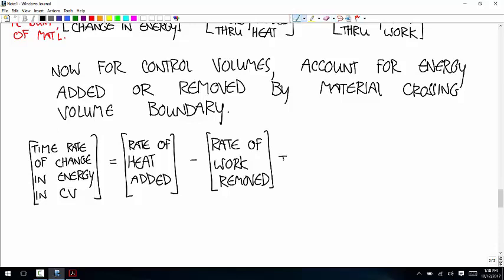Then plus the rate of energy added, instead of added, let's say carried in at the inlet. The idea is that these particles that are coming in have energy and it's being brought into the system.